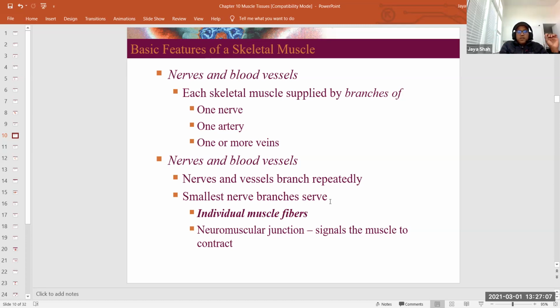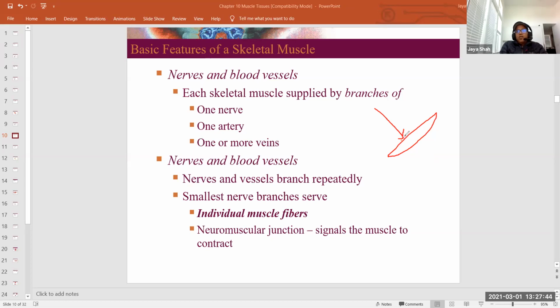So each muscle, let's see here. Let's say we have a muscle here and we have a nerve here. When an action potential passes down here, neurotransmitter is released, and that binds with the muscle plasma membrane and activates the muscle cells.